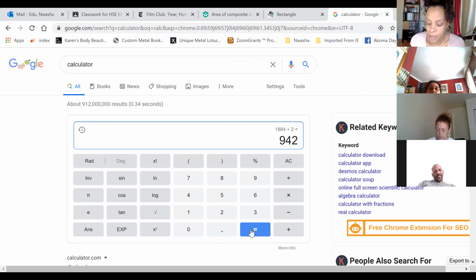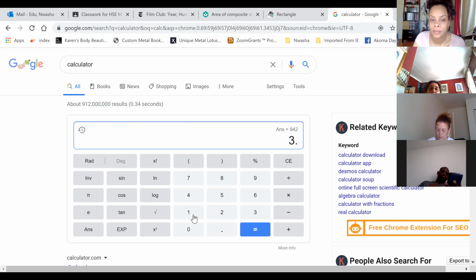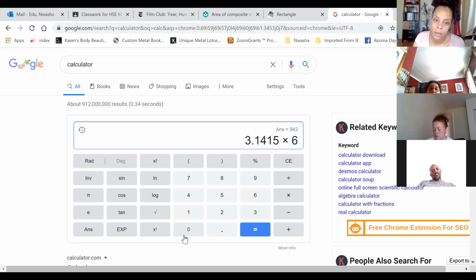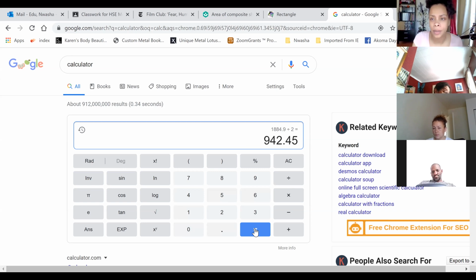Maybe I was rounding a little bit. Or sometimes I type in 3.1415. Yep, that's what I think I did this time. I typed in 3.1415. You don't have to worry about that, because like we said, the majority of your questions are multiple choice. It just so happens that these two are not multiple choice.